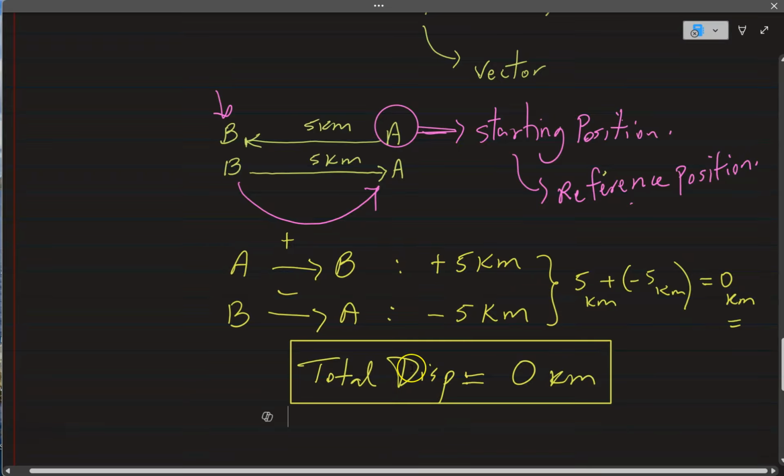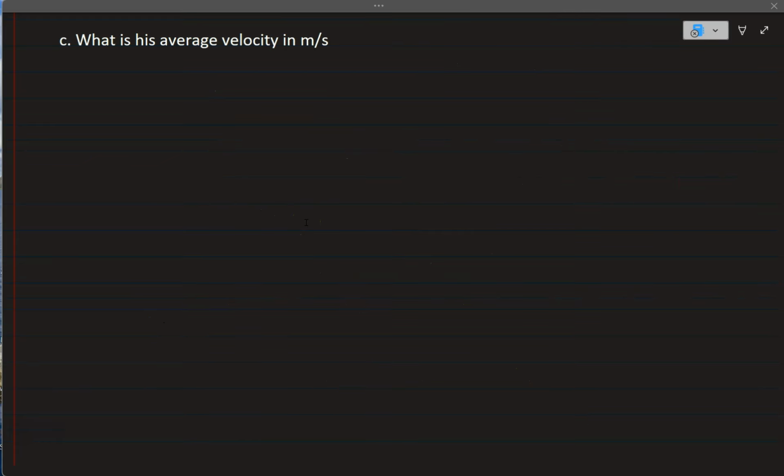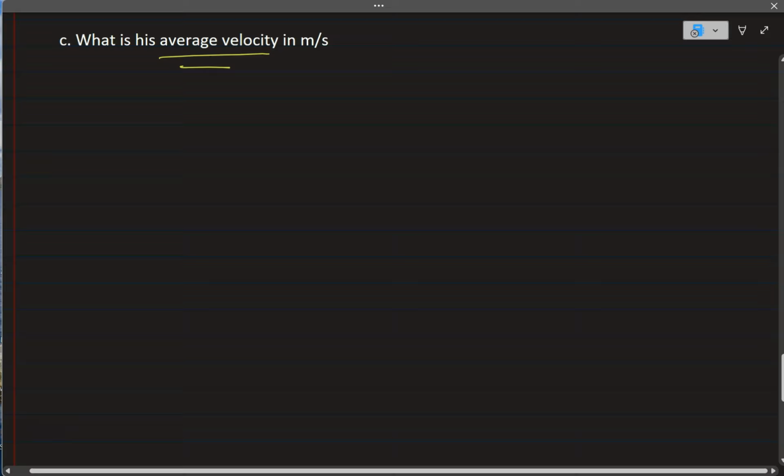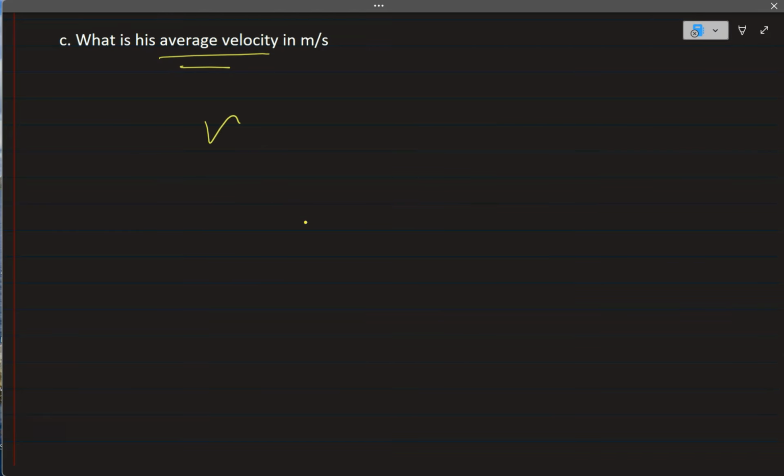Based on that, now we can go ahead and look at part 3 of this question. So now we want to look at the average velocity. Again, average velocity, V average, is equal to, this time, displacement over time. Now this is very easy.